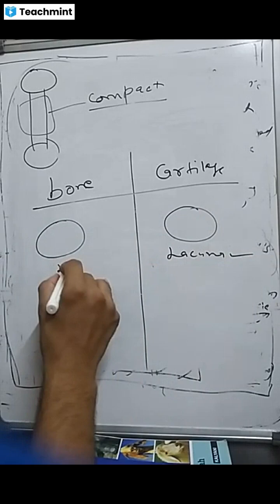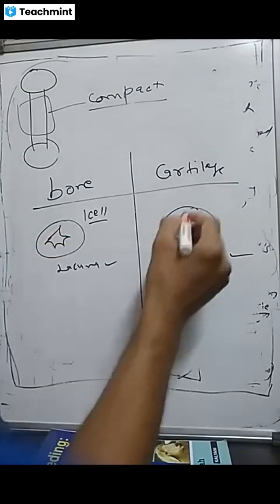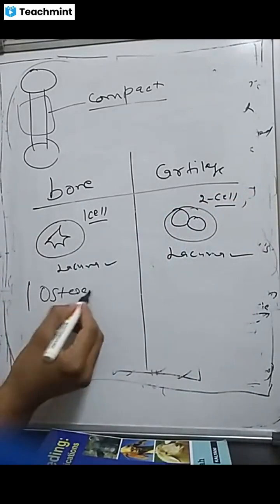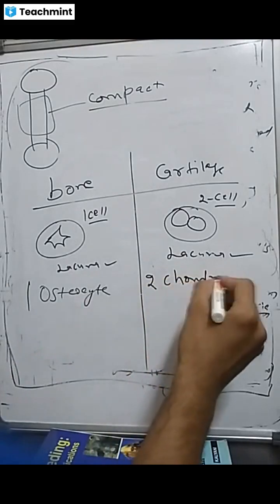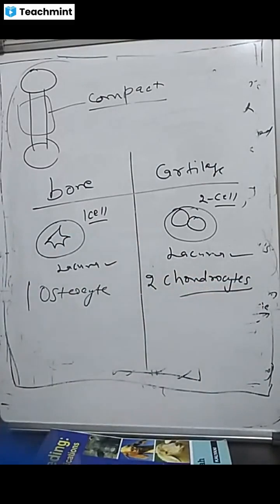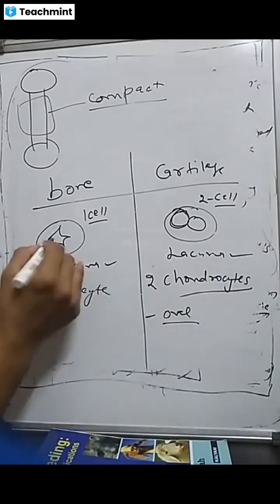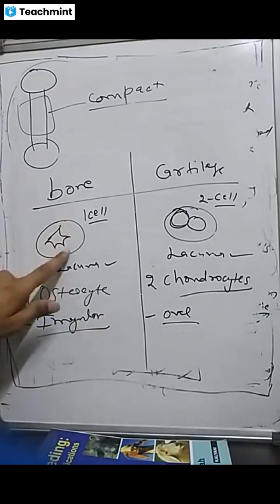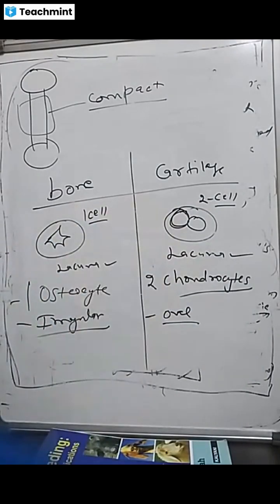But here in bone you will find only one cell, the osteocyte. In cartilage you will find two cells. This is the difference. And these cells have some cytoplasmic processes. So this is the level of lacuna and this process.